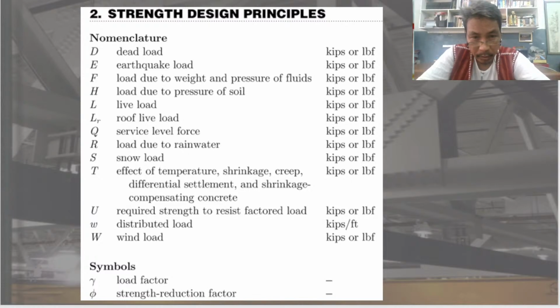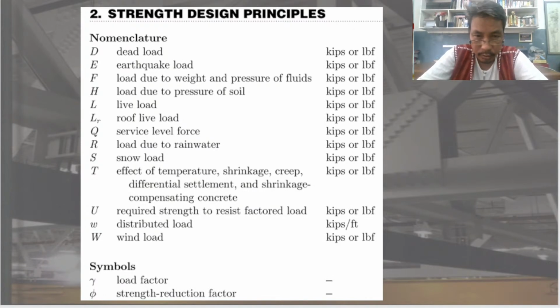Next, Q for service level force. Service level force means those are the types of loads that have to be expected during the operation, during the use of the structure, the normal use of the structure.